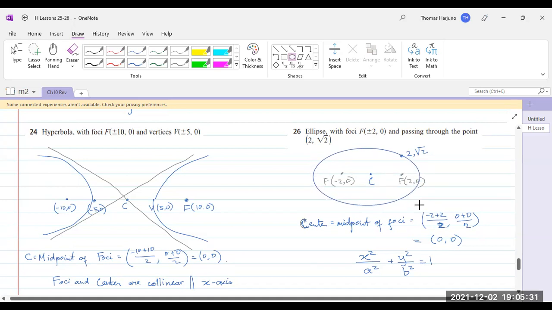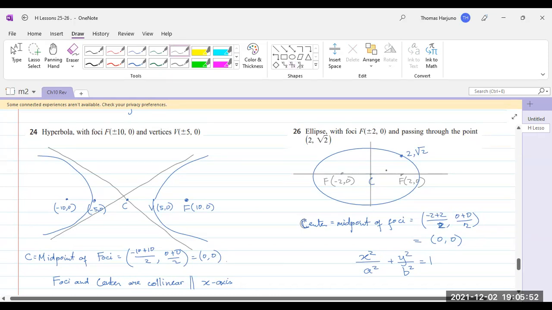I wonder if you can imagine that. Right. So this is the major axis. In fact, I can just go this way. Okay, so we need to find the major axis and the minor axis.